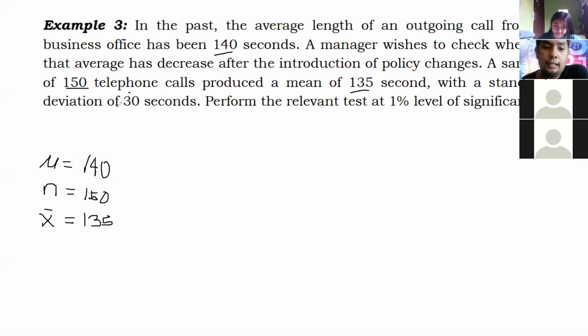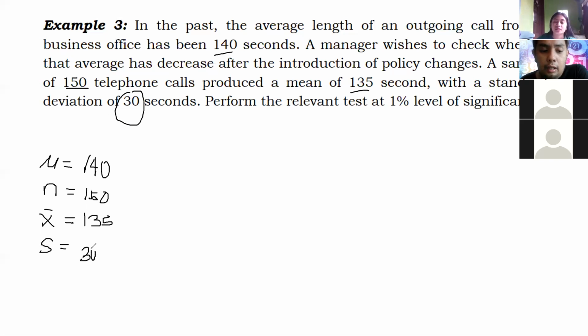Eh ano tong 30 seconds? Sample standard deviation po. Okay, very good. It's the sample standard deviation, not the population standard deviation. It is a sample. So that will be S. Hindi natin gagamitin yung sigma. Ang gagamitin natin yung S as 30.